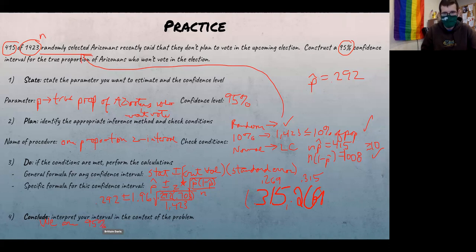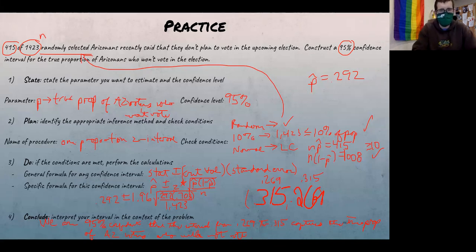We are 95% confident that the interval from 0.269 to 0.315 captures the true proportion of Arizona voters who will not vote in the upcoming election. So we could write that. I'm just going to save a few seconds.